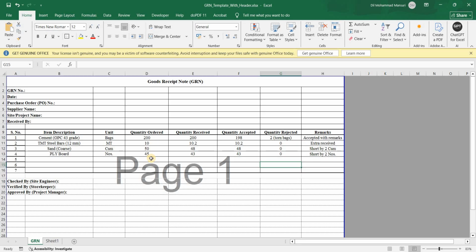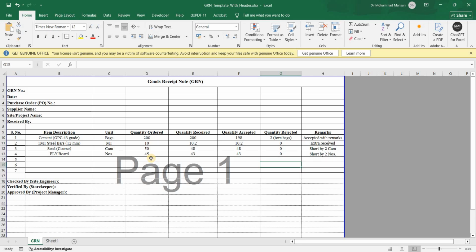The company head office, whoever is responsible for it, maybe the project manager or project director, if they are not available on site, will suspect that you might have sold 2 bags, or you might be doing some such things on site, that you are manipulating the records or you are selling something on site. So it will have a bad impact on the storekeeper, and maybe on the site engineer.